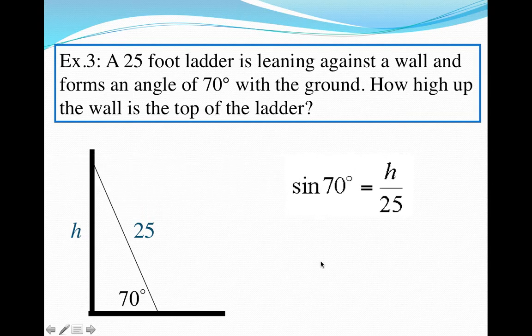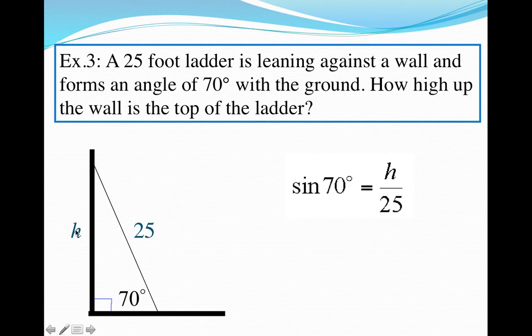The first thing I notice is that this is my right angle right here. If I have an angle of 70 degrees that I'm looking at, across from 70 degrees is my opposite side, that's what I'm looking for, and my hypotenuse is across from the right angle, so that's my 25.